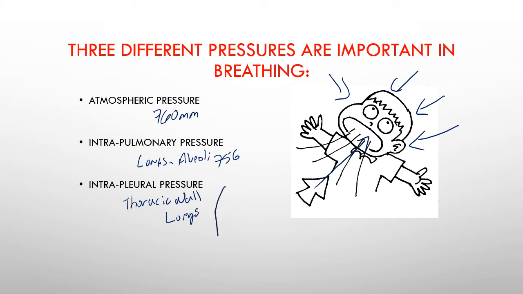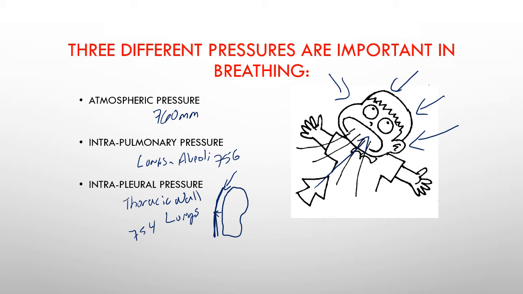So it's in between the wall and the lung itself. And so the pressure that is in between there is always going to be slightly lower. So maybe 754 in terms of the pressure that's there. And so that pressure is the pressure that's essentially going to allow the chest wall and the lung to help to move in one movement.